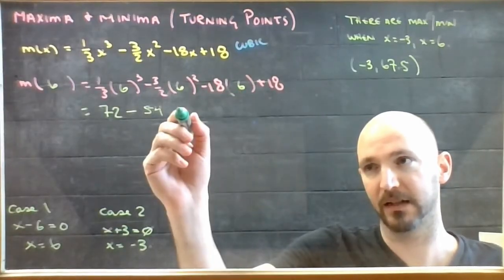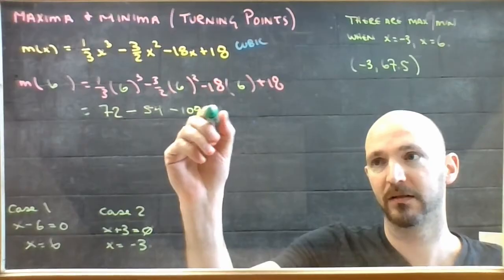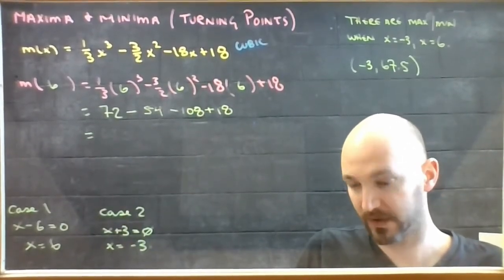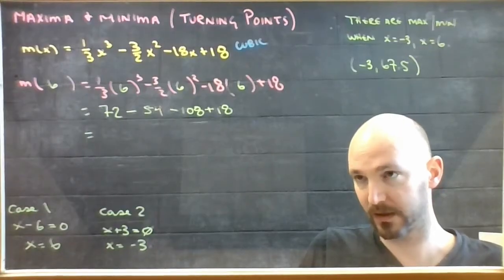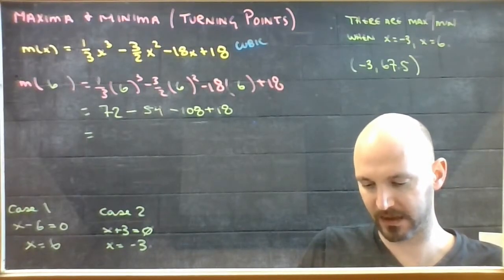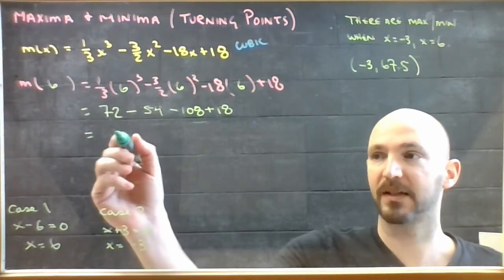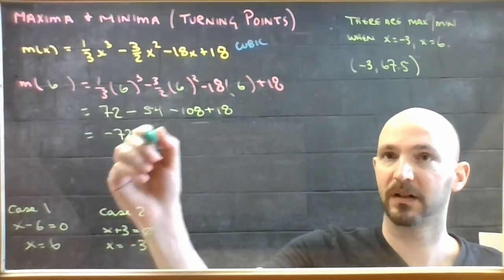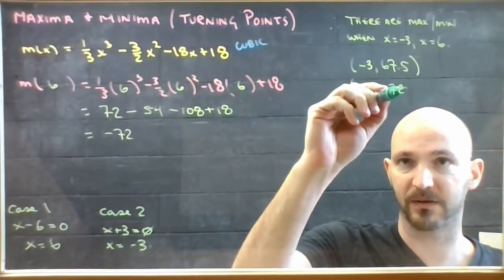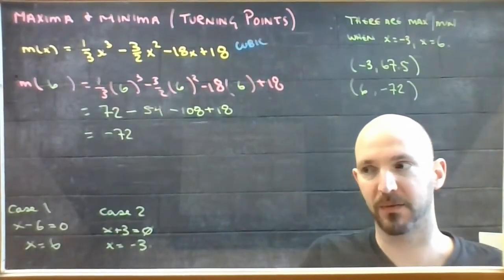That's 108 plus 18. So 72 minus 54 minus 108 plus 18 gives me -72. So I have 6, -72 as one of my max min points.